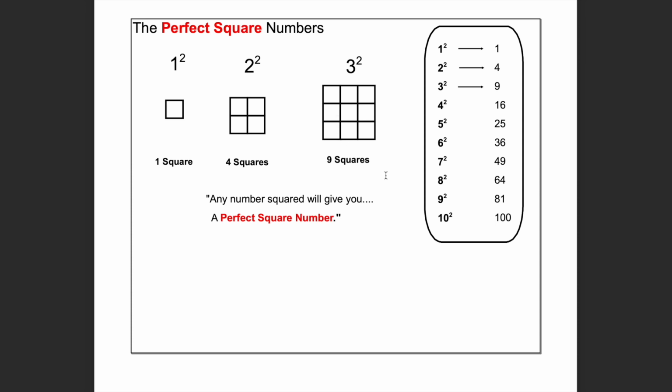So any number that makes a perfect square is a number squared. These are known as perfect squares. So I have a list of the first 10, but just like primes and composites, they are infinitely big. There are infinitely many perfect squares. It's any number and then squared.